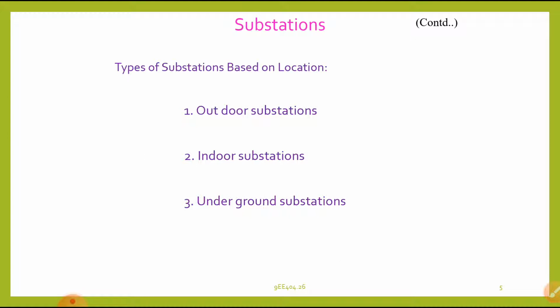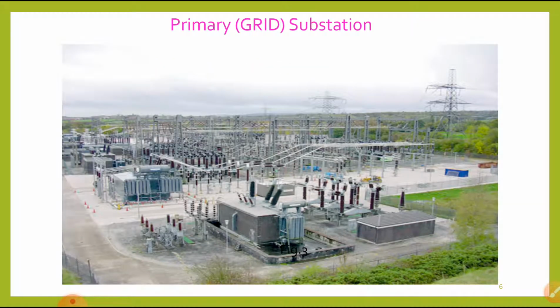There are Power Grid places from which it is controlling, taking the power from remote generating stations and distributing to all the states. You can see one of the figures, the Power Grid substation. This is the main Power Grid substation. You can observe it consists of so many equipments.